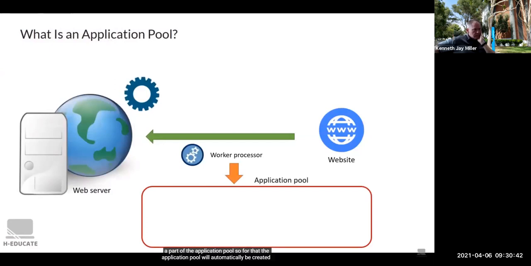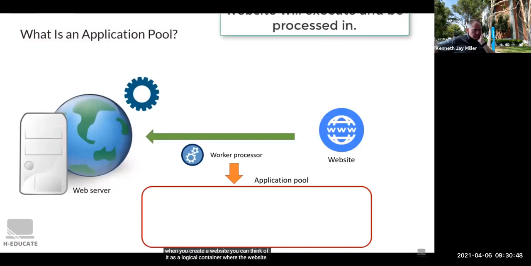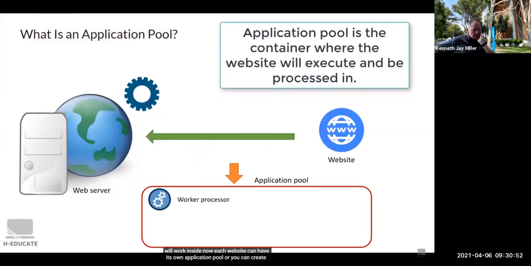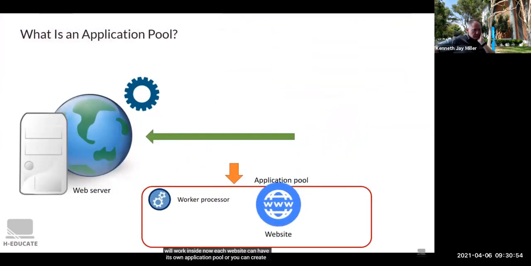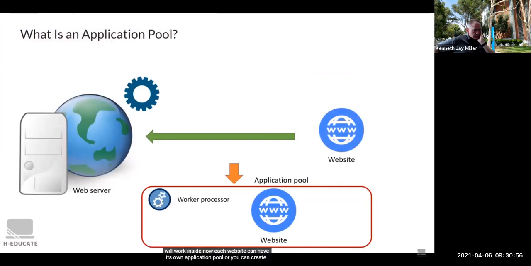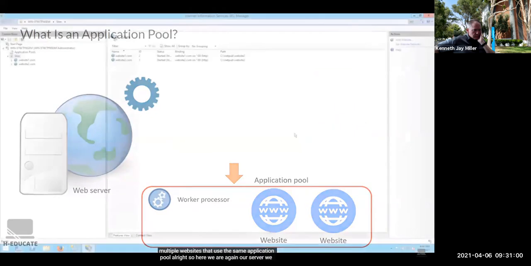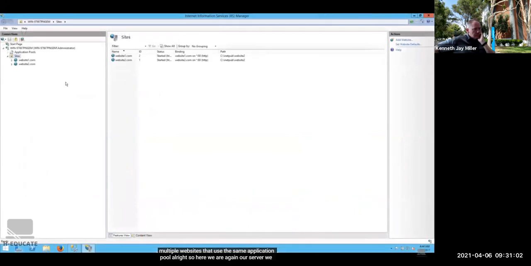So for that, the application pool will automatically be created when you create a website. You can think of it as a logical container where the website will work inside. Now, each website can have its own application pool, or you can create multiple websites that use the same application pool.